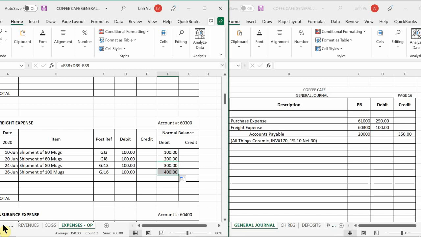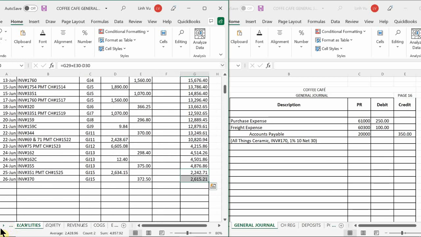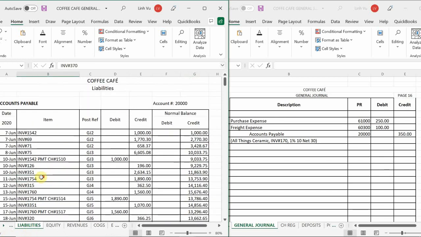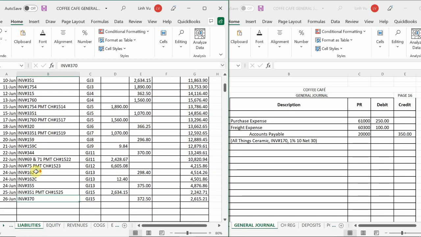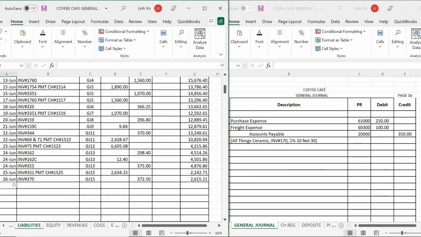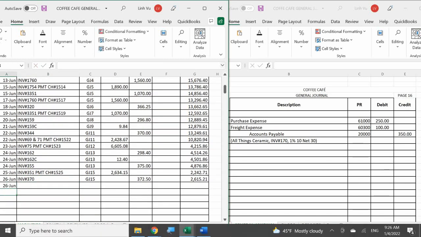Last but not least, we need to recognize that we're not going to pay them now. We're going to pay them later. Liabilities. Invoice number 170 for a total of $350.